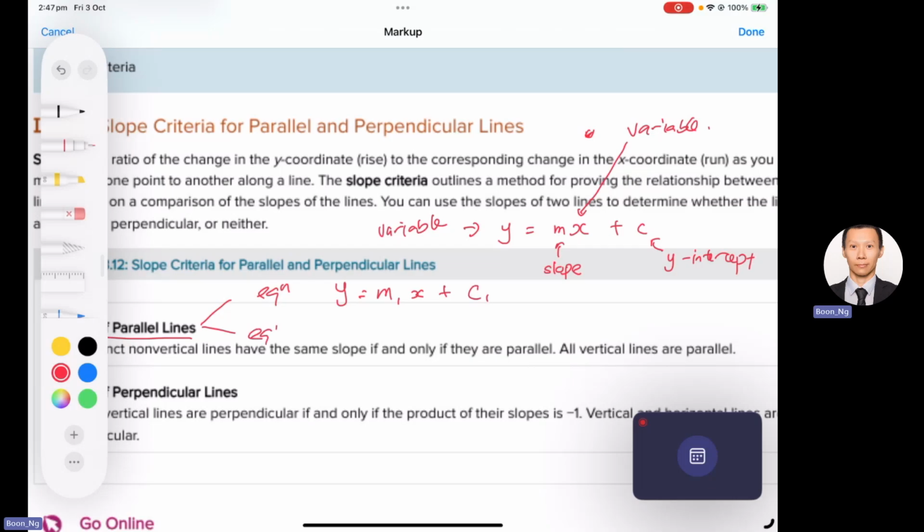Equation number two will be y equals m2 x plus c2. If m1 equals m2, they are parallel. If m1 times m2 equals -1, they are perpendicular.